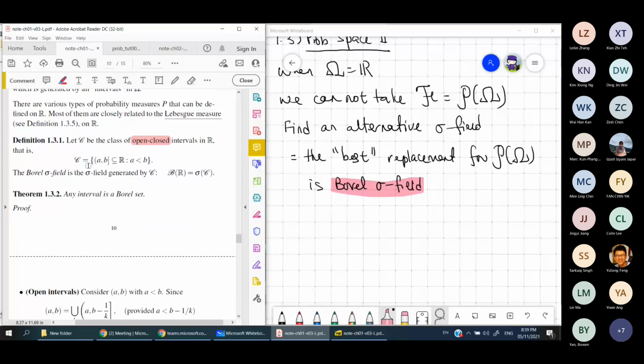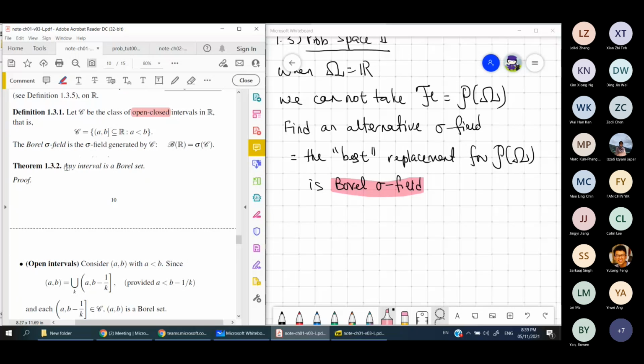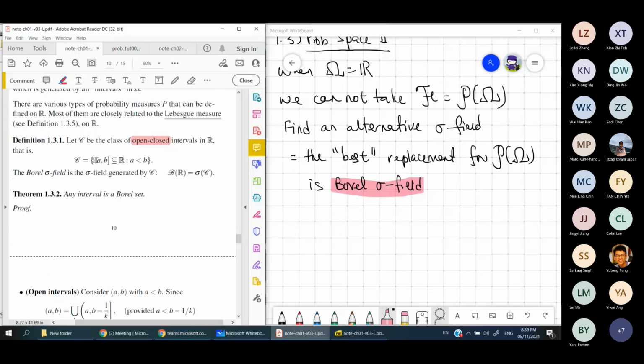This is a very interesting sigma field. Then we have to see what kind of subsets are in this sigma field. The very first thing we can see is that any interval is a Borel set. Borel set means it's an element of this.